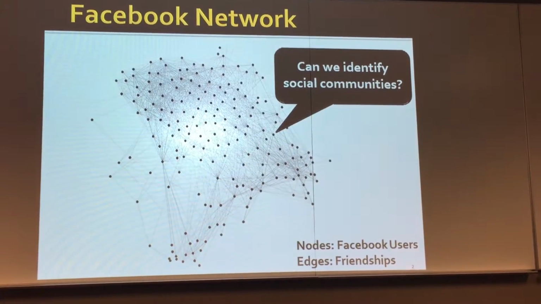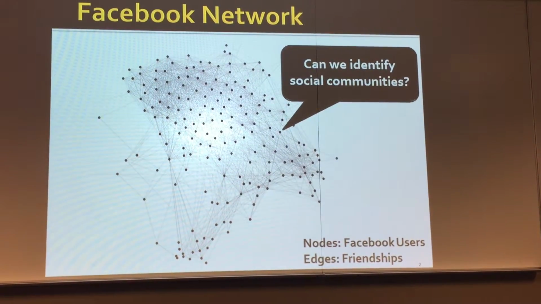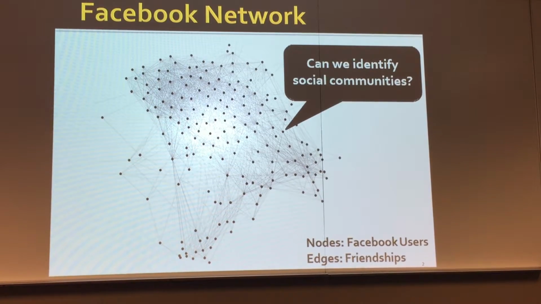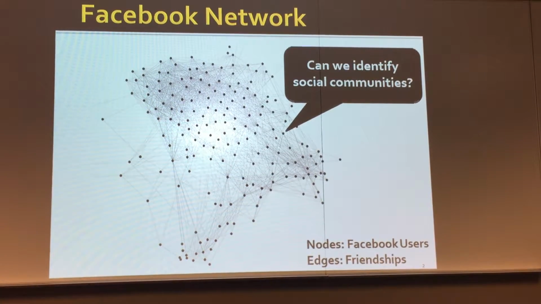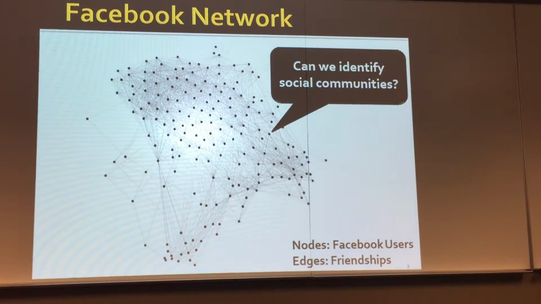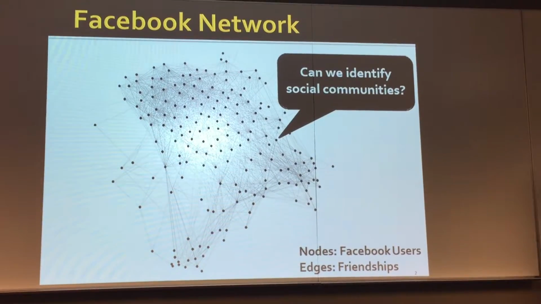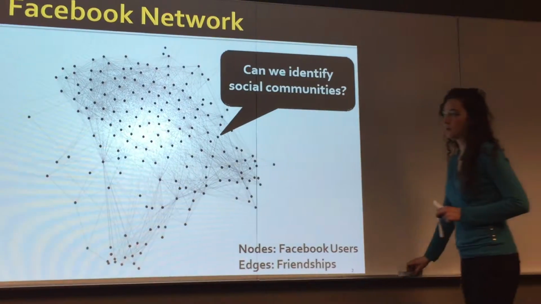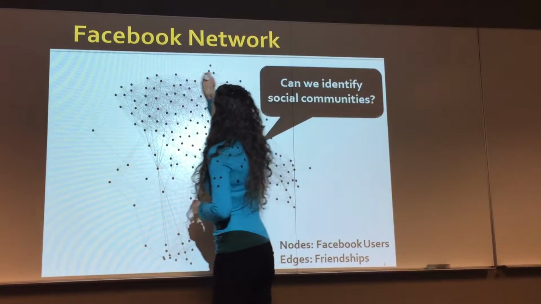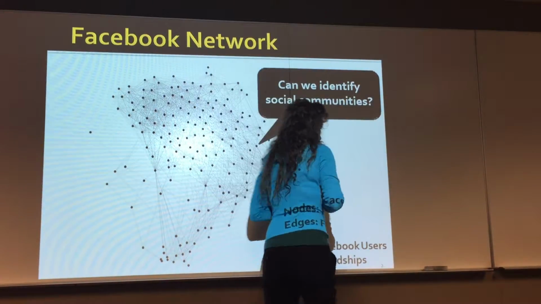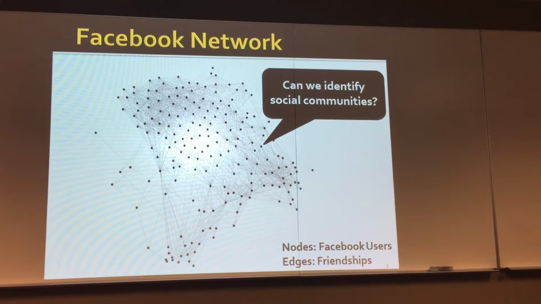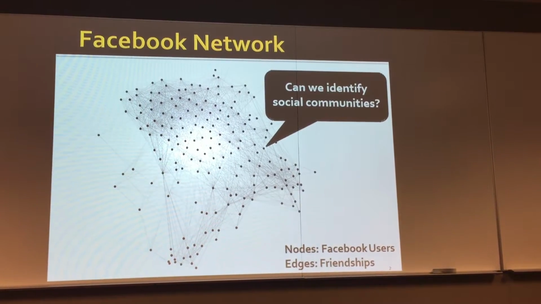So these are all the friends. They are friends if they connect to each other, and the goal is, what is the structure of this network, and can we find communities in here? If we were to do clustering, you're probably going to see that there is one big cluster where we see that dense region here.